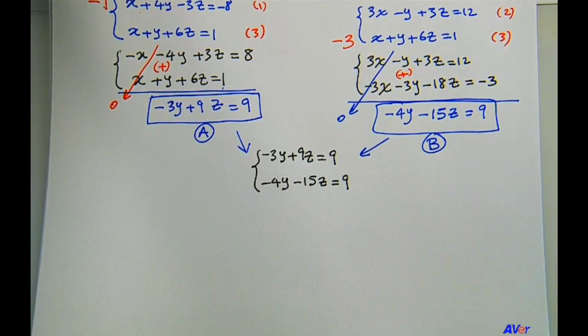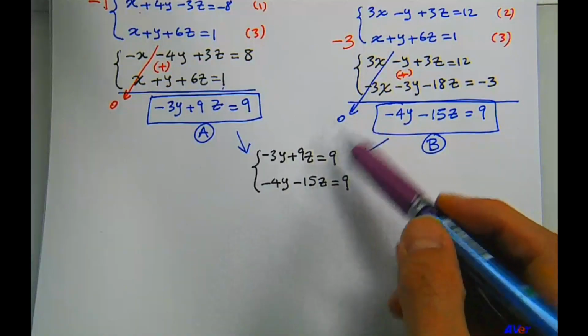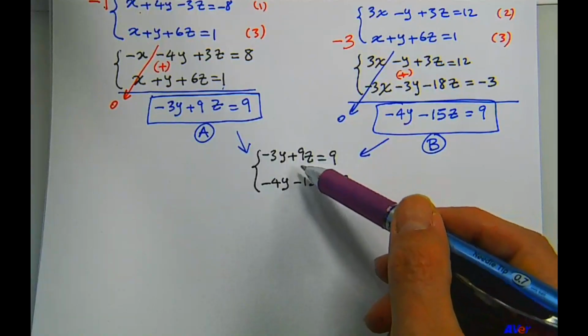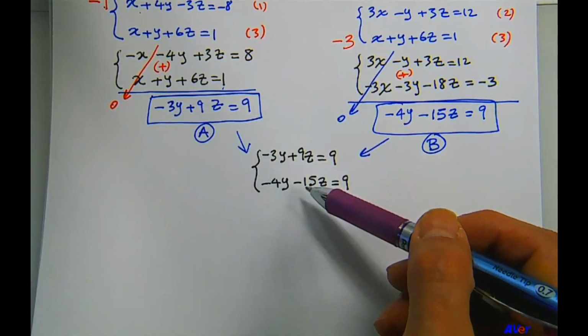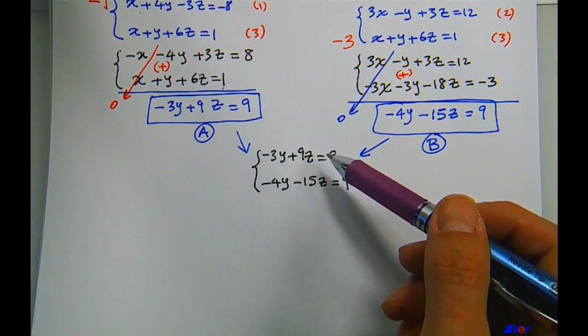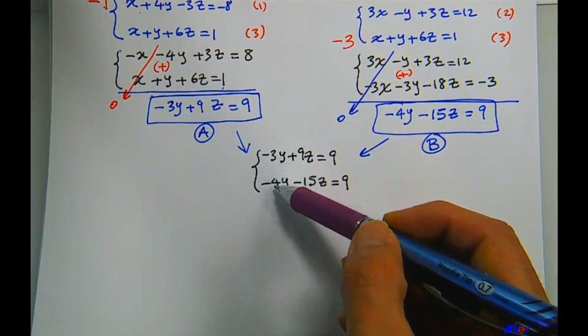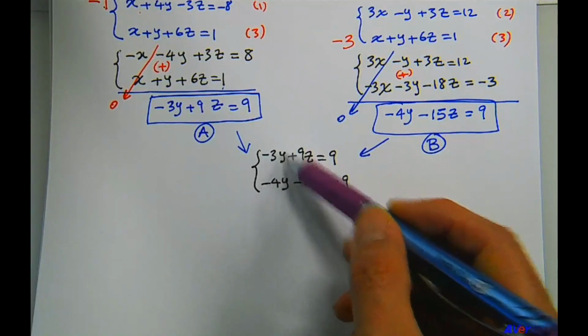Okay, so now this is a system of two equations, two unknowns, and we know perfectly well how to solve these, right? So let's pick any of these variables that is easier to eliminate and eliminate that one. Looking at these coefficients, the coefficients of the y variable are smaller, and so I will eliminate the y terms.